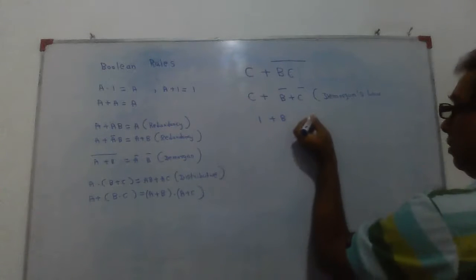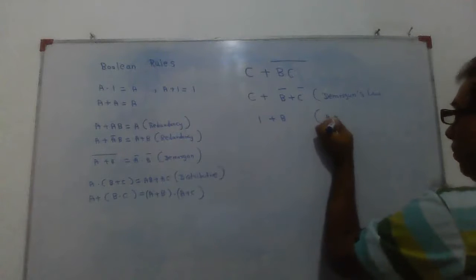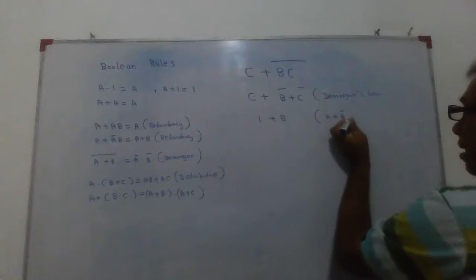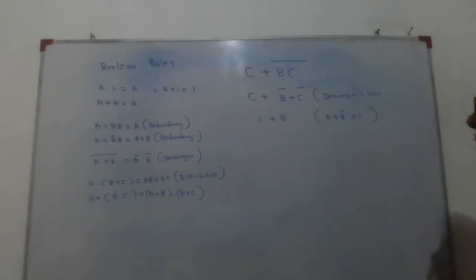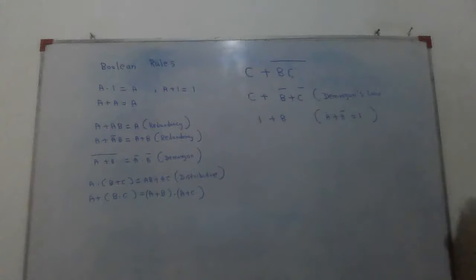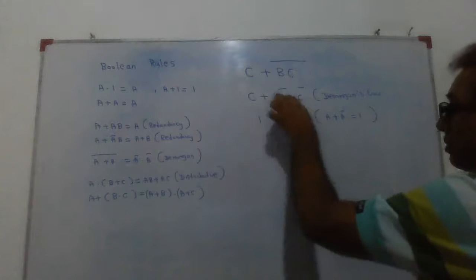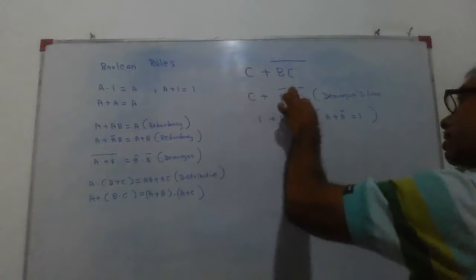What is the rule we have applied? A or A bar equals 1. So we take C bar: if C is 1, C bar is 0, so it should be 1. If C is 0 and C bar is 1, it should be 1.